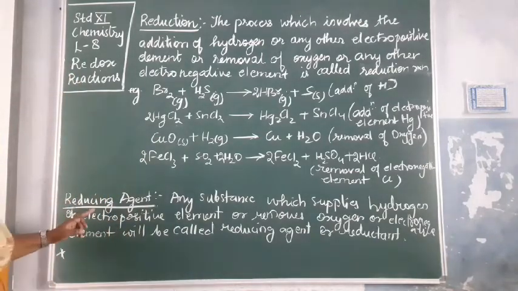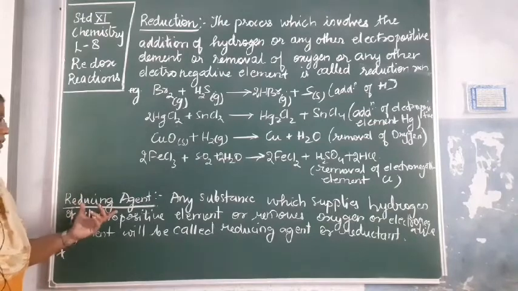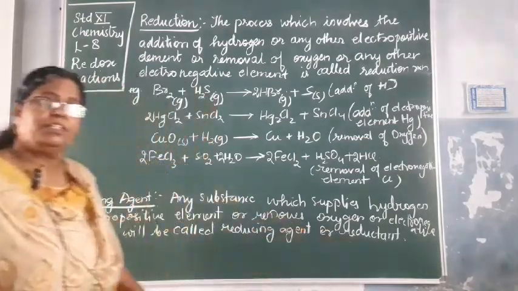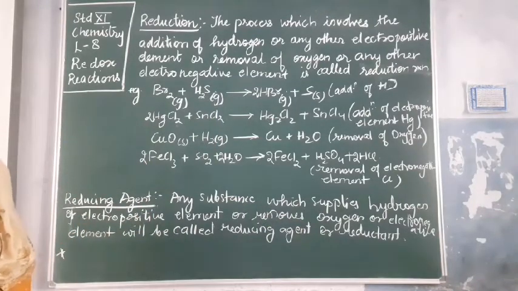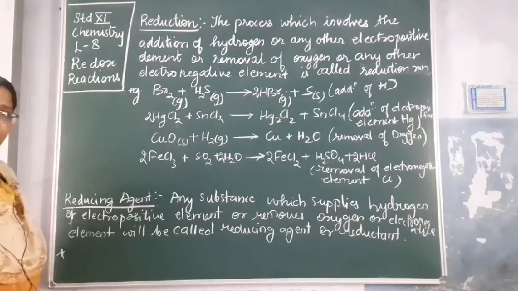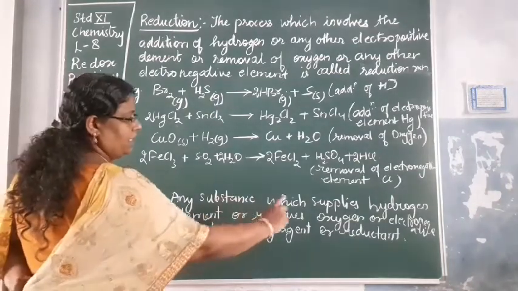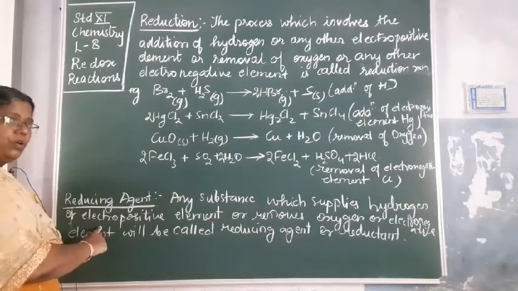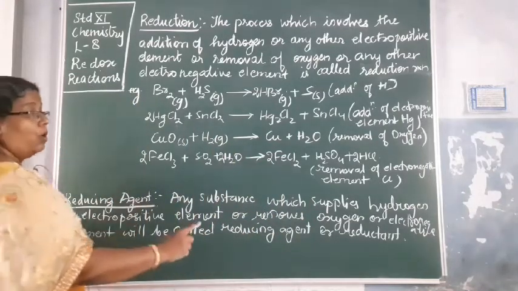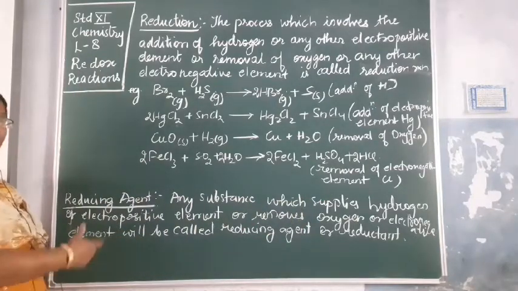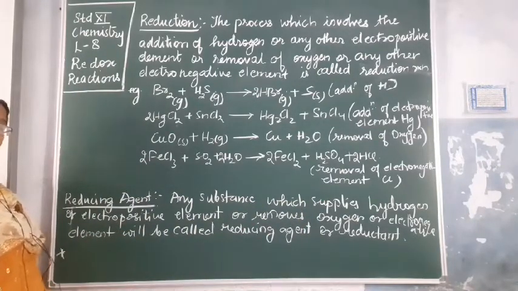Now the next term involved here is reducing agent, also called reductant. Just as we called the oxidizing agent the oxidant, here the reducing agent is the reductant. Reducing agent is any substance which supplies hydrogen or electropositive element or removes oxygen or electronegative element, then it will be called as reducing agent.